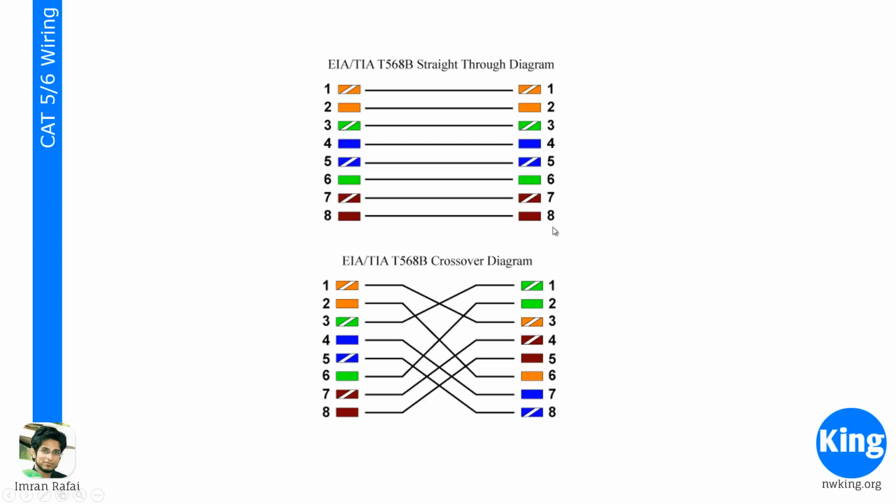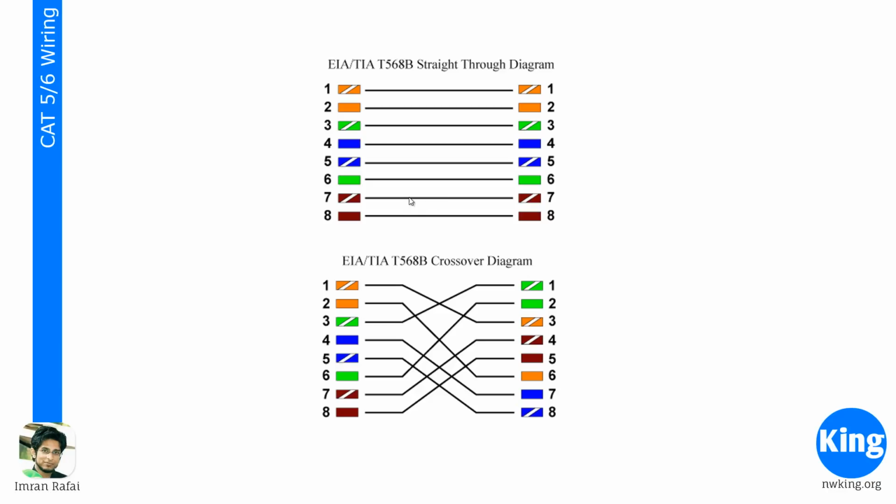Now this is called a straight through cable, right? Normally when you're connecting two different devices, let's say a switch and a hub, or a switch and a router, you use the straight through cable. If you have to connect similar devices, so if you want a switch connected to a switch, you have to use another type of cable called the crossover cable. Basically the cable is the same, it's just the configuration.